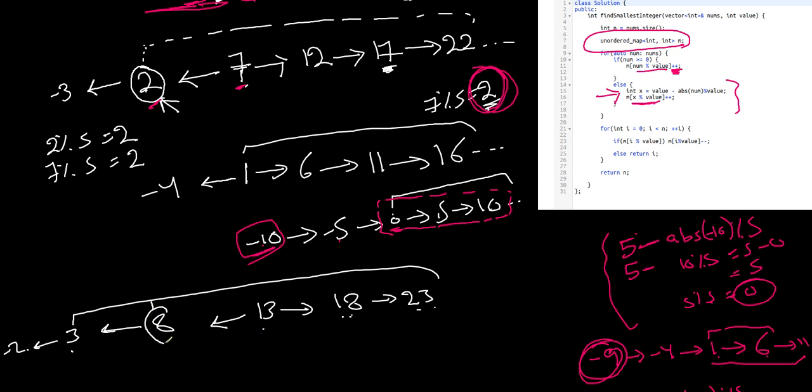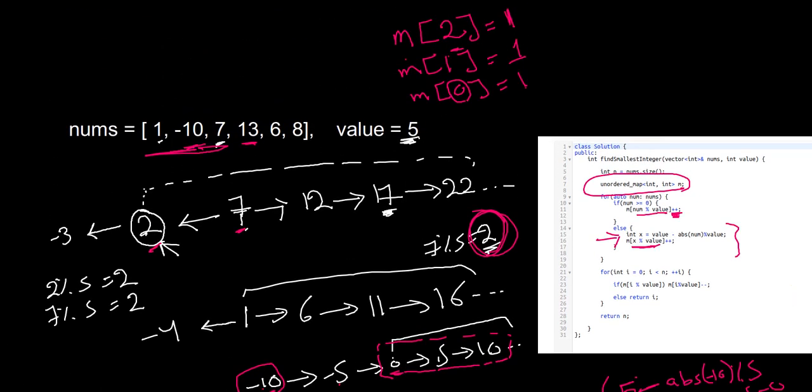So we simply store 13 mod 5 equals 3. Since it's not in the dictionary, of 3 equals 1. And for 6 plus 5 is 11.